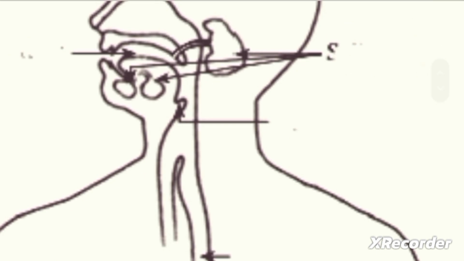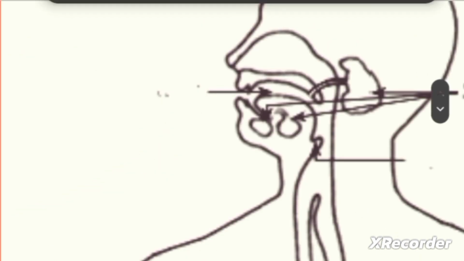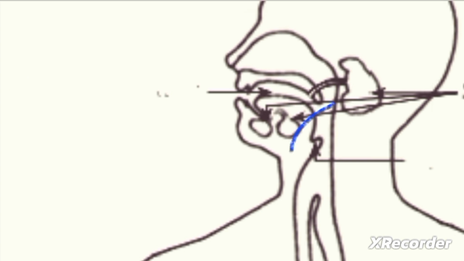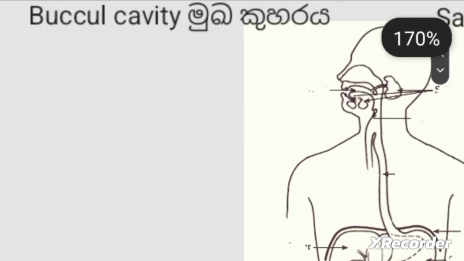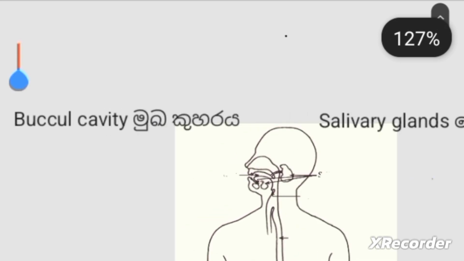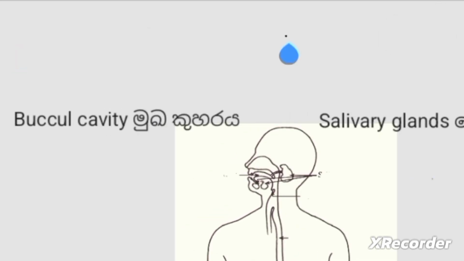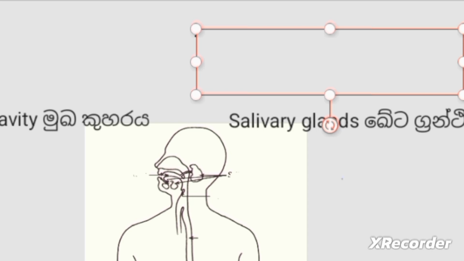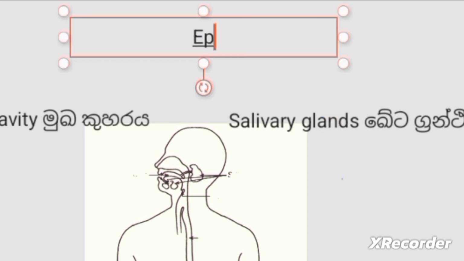Then we have to label this structure, this one. This is called the epiglottis, E-P-I-G-L-O-T-T-I-S.